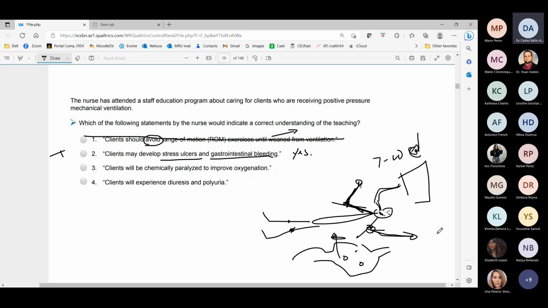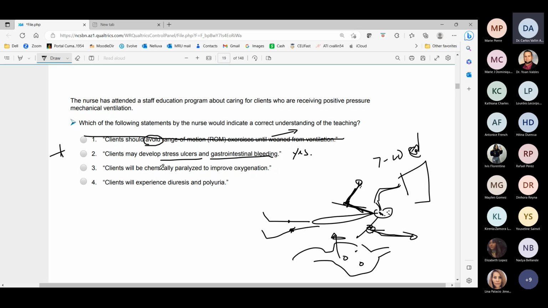That's why doctors routinely order omeprazole or another proton pump inhibitor, the most potent, in those clients when they enter acute care, to prevent stress ulcers. This is true. So probably this is the answer.